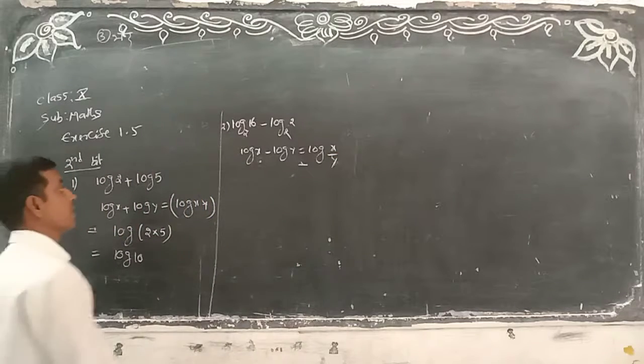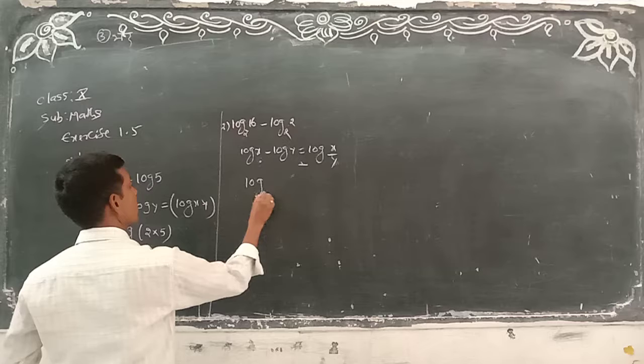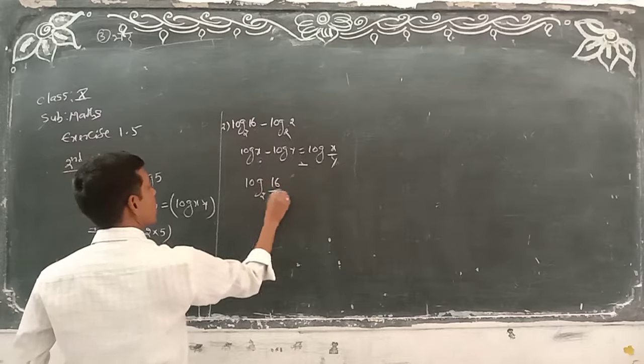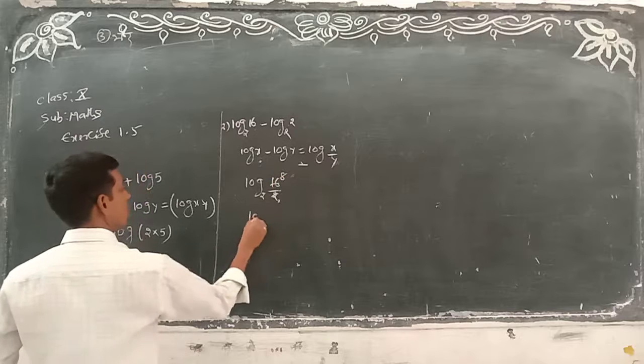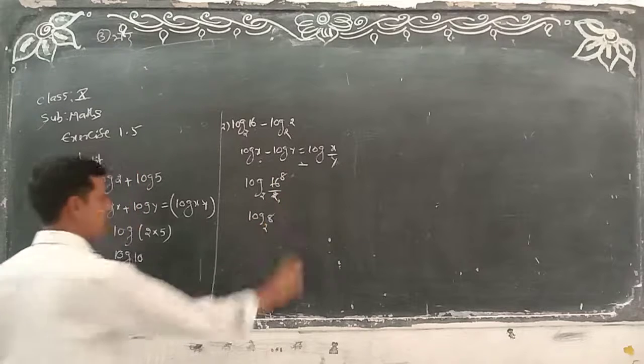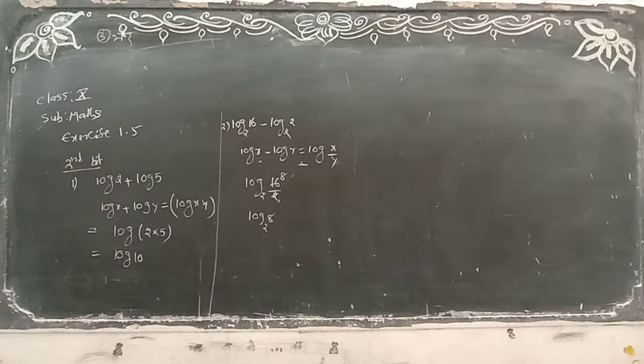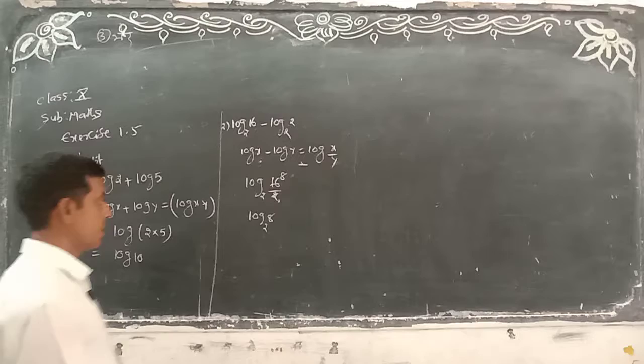So simply here log base 2 of 16 by 2. 2 ones are 2, 2 eights are 16, so log base 2 of 8.